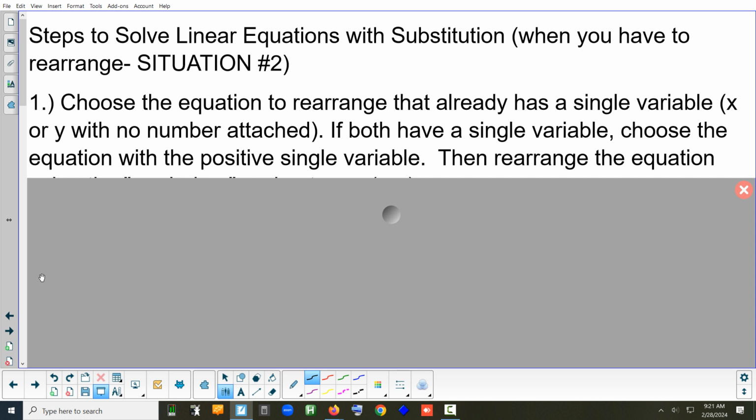And the big idea is pick the simple one. Pick the simplest one that you can find. In terms of rearranging, simple means the one that has the single variable. Single variable means that there is no number in front of it.